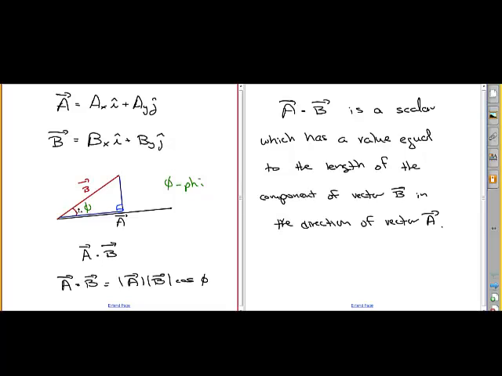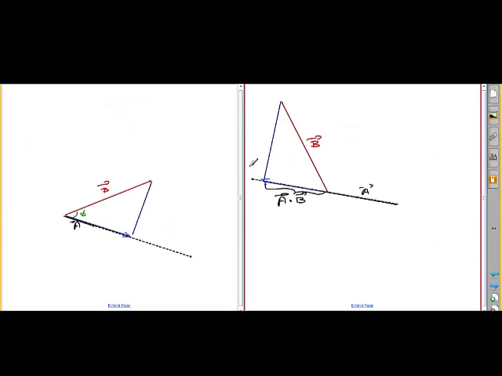And so in this case, phi is between 0 and 90 degrees. So this is going to be a positive number. And so when you multiply this times that, the magnitudes times cosine, that's going to give you a positive number. Now if you come over here, in this case, the angle phi is this right there. So in our first two cases, phi was between 0 and 90 degrees.